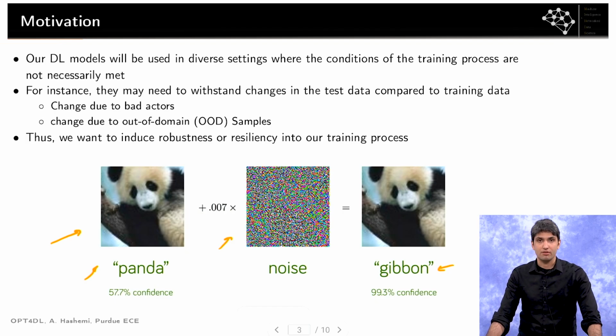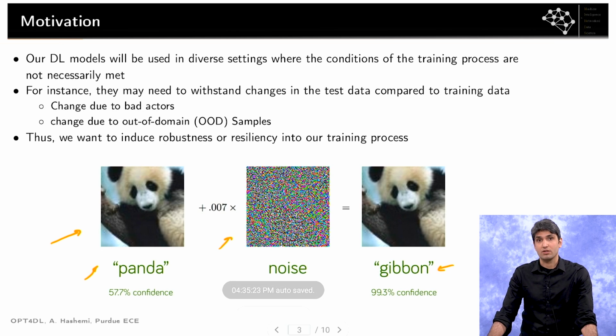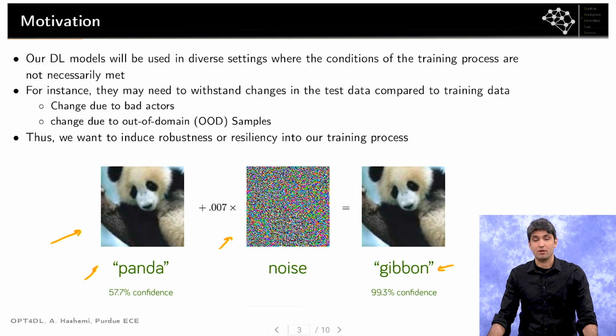We want to make sure that things like this don't happen, such that our model is robust or resilient. Philosophically, there is a difference between robustness and resiliency. I believe robustness means that the model maintains its performance, or the performance doesn't degrade as much, under some limited disturbances, but at some point it's going to break if the amount of disturbance goes beyond some threshold. Whereas resiliency typically means the ability to recover the performance or adapt to a scenario.